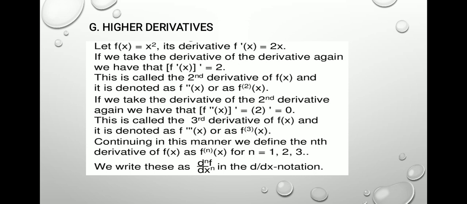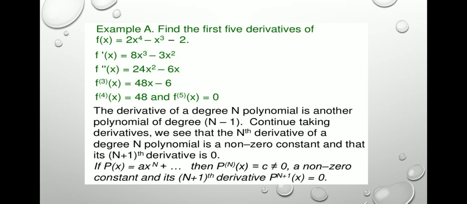Continuing in this manner, we define the nth derivative of f of x as f superscript n of x for n equal to 1, 2, 3, and so on. We write this as d to the n f over dx to the n in the d over dx notation.